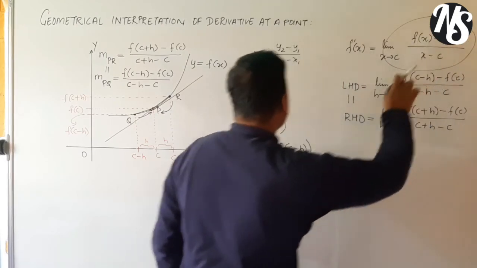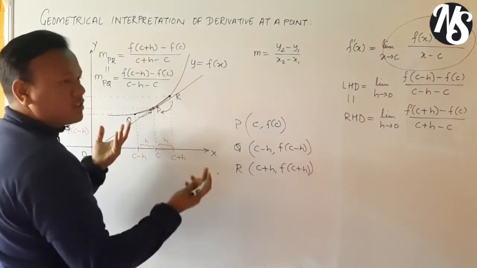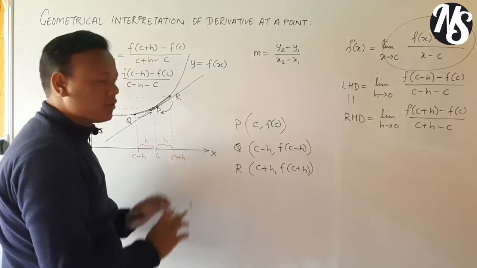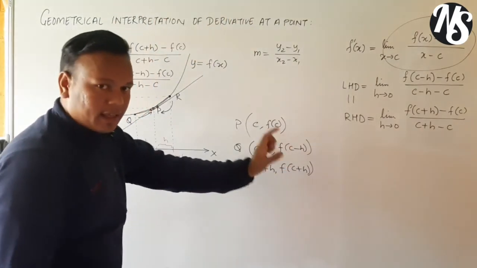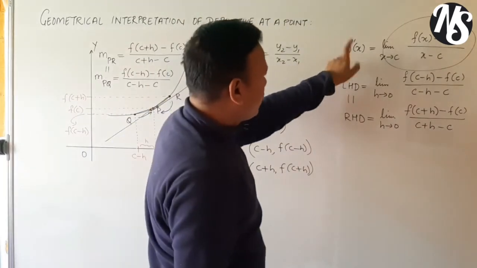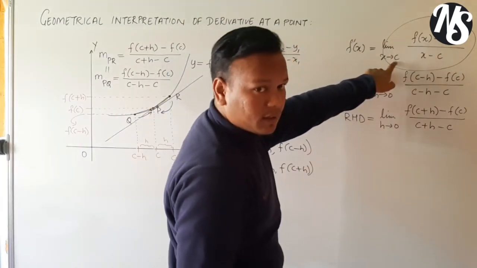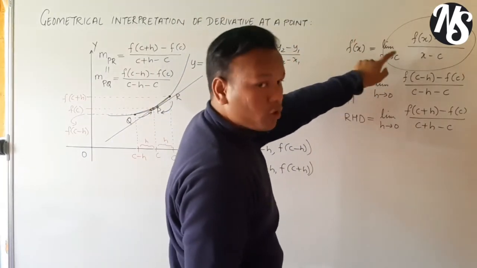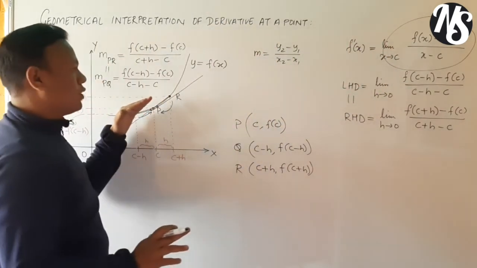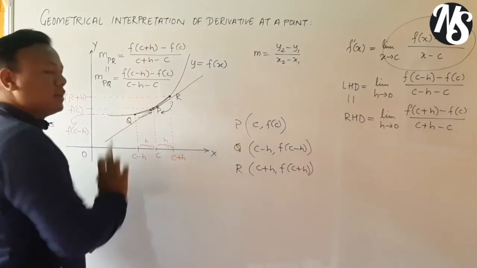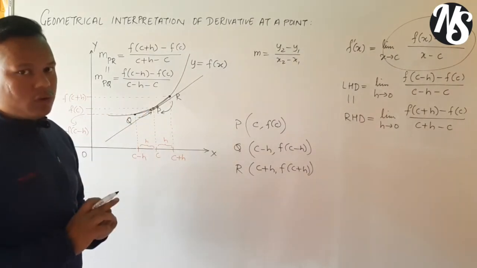So this value is the slope of which line? Of the tangent. So the geometrical interpretation of derivative at a point says that the derivative of the function at a point C will give you the slope of the tangent drawn at the point C. That's all you need to remember.